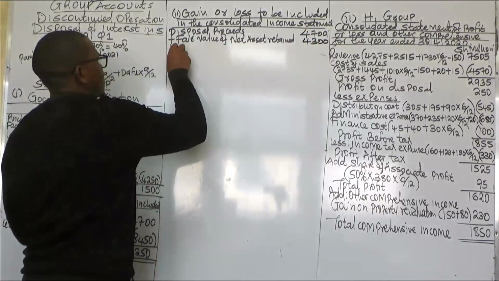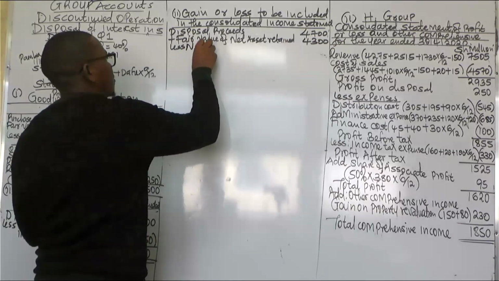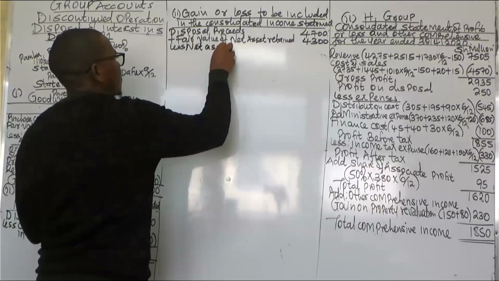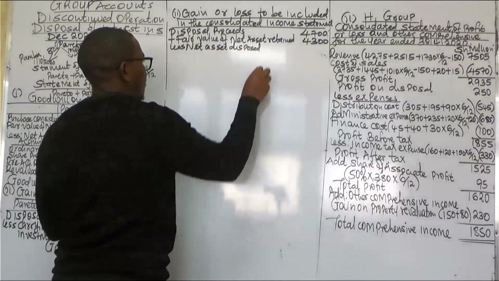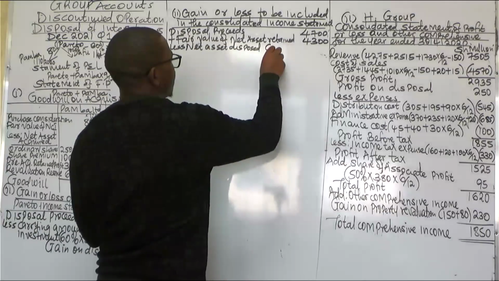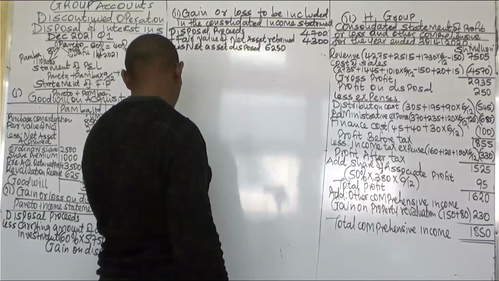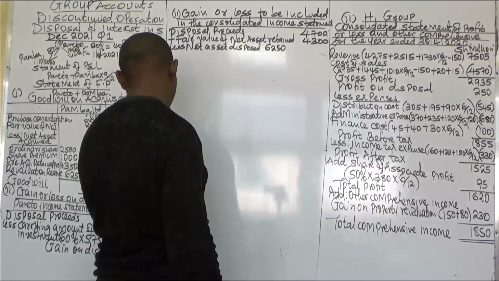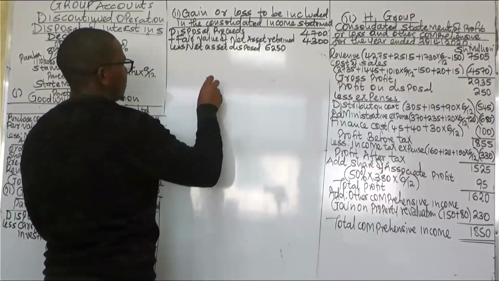So we less the net assets disposed. Net assets disposed here were 6,250.